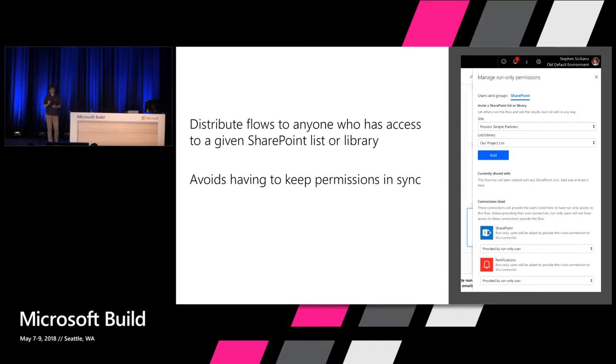So that way, everybody who has access to that SharePoint list will always be able to run that button. This is actually a relatively new feature that we've recently released. And we built this because people had this pain of keeping permissions in sync. They weren't sure if the people who had access to the right security group would have access to run the flow. And we solved that by allowing these buttons to be shared directly to a SharePoint list.